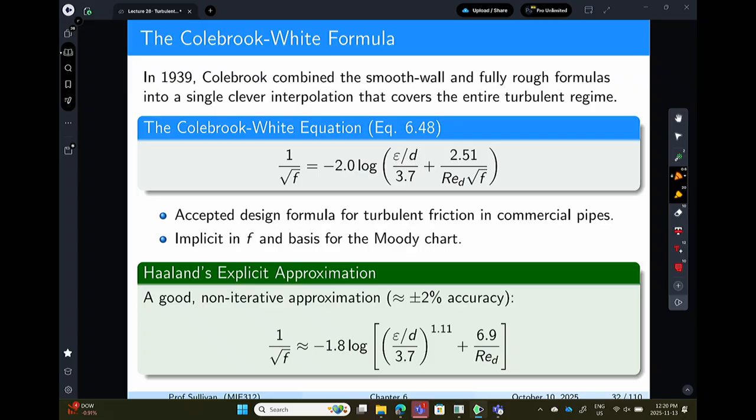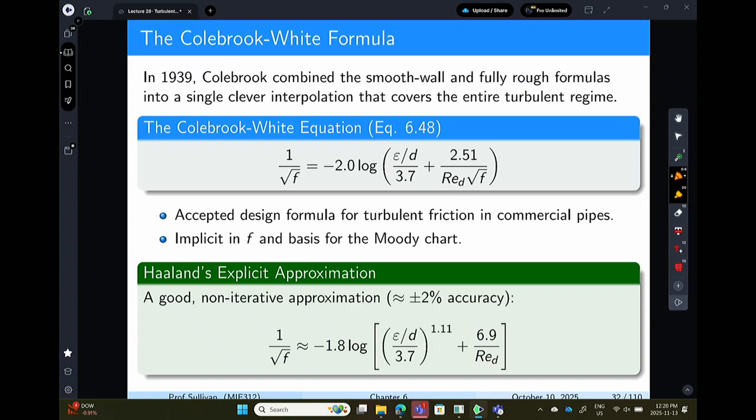And you can see immediately the problem is that if you try and solve that, you have f on both sides of the equation. It's implicit. And the answer so far has been to essentially chart all the values for a large number of friction factors and Reynolds numbers, and place that on something called a Moody chart.